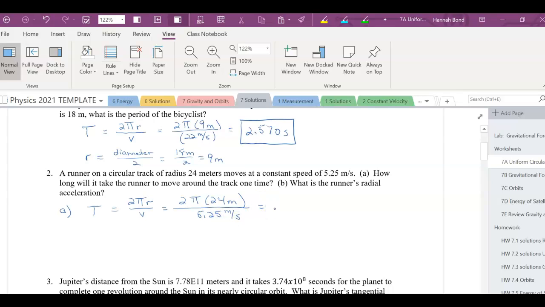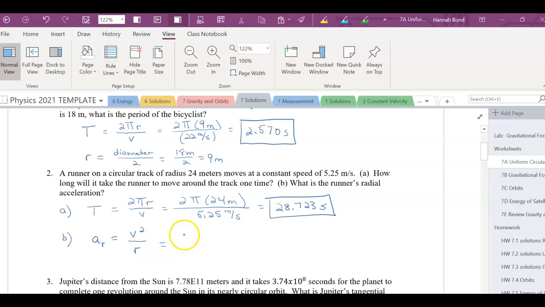And so it will take them 28.723 seconds to make one full trip around that circular track. Then it asks for the radial acceleration of the runner. Well, the radial acceleration is the square of the velocity divided by the radius of the path.